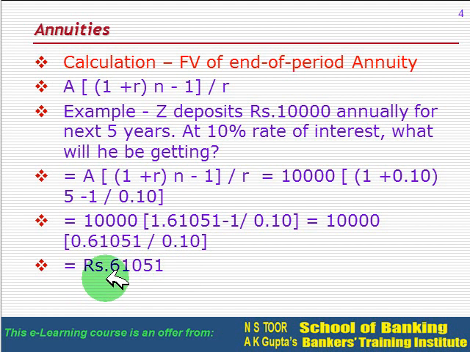So this is the future value of this annuity, future value of end of period annuity. So for this 50,000 to be deposited over 5 years at 10%, the investor shall be getting 61,051. So here we have given a step-wise explanation.